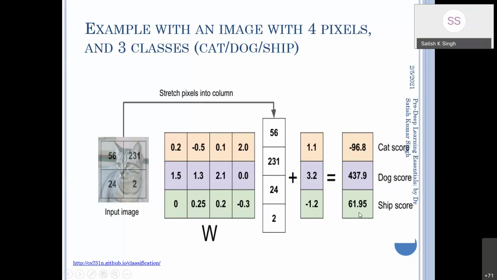Then what should be done? What is the intuition and what should be done? The intuition is very simple. We should maximize this value. At the same time, we should minimize these values for this data. Then by intuition, simply we can do this.